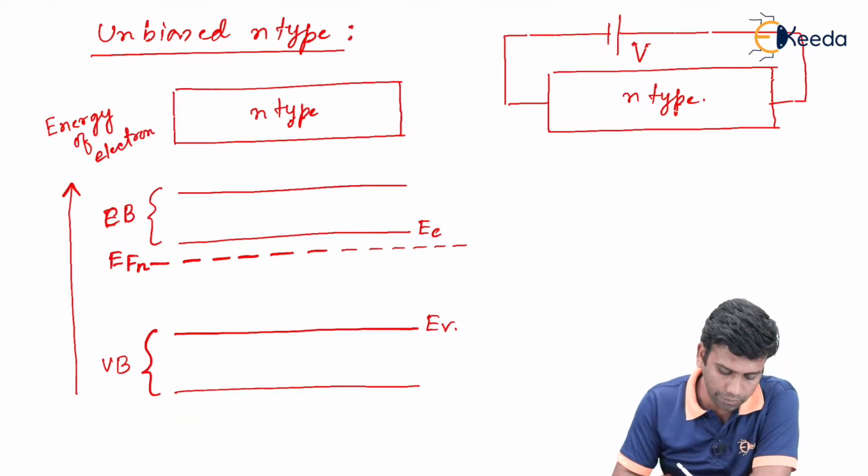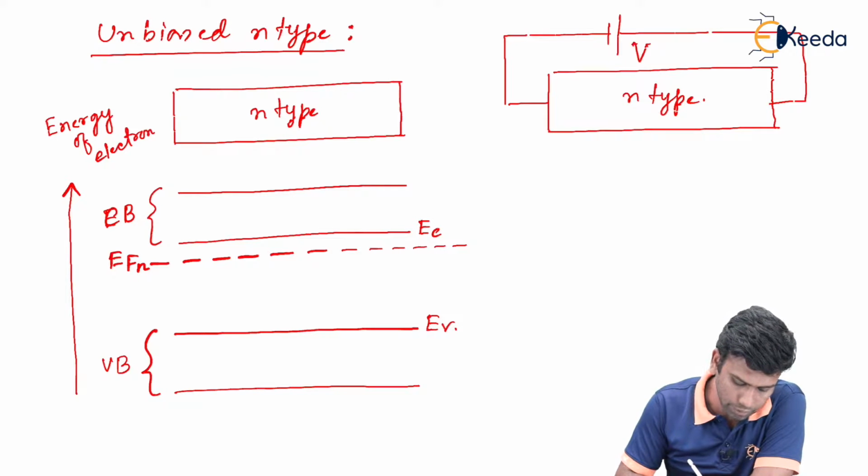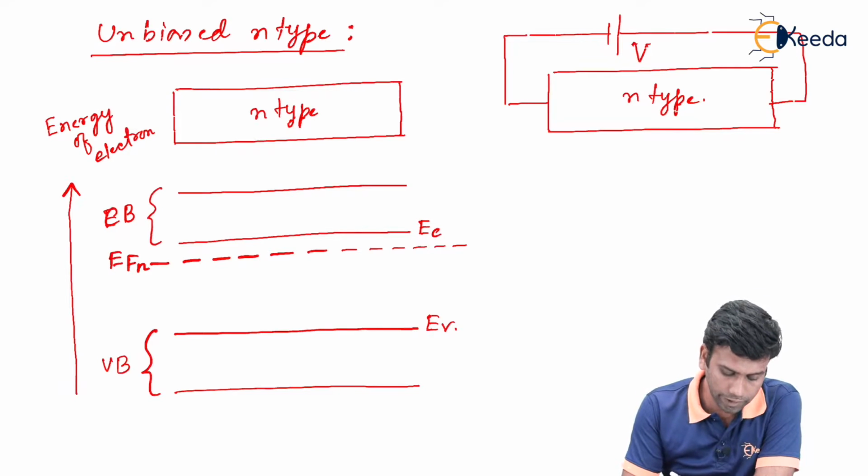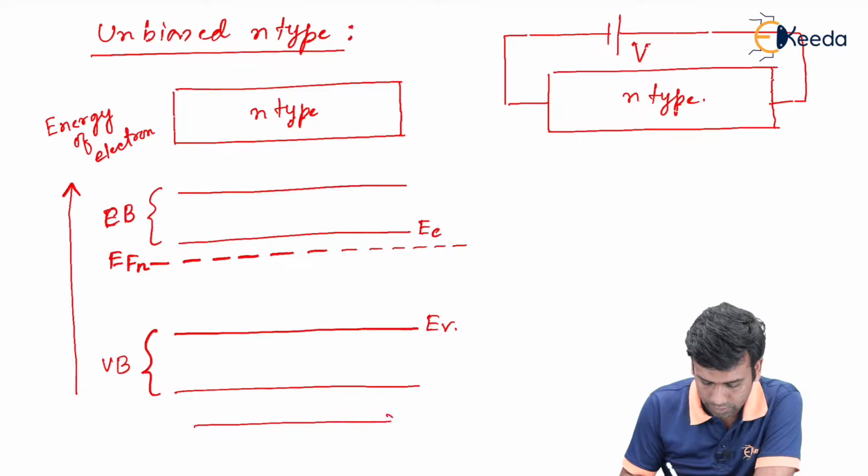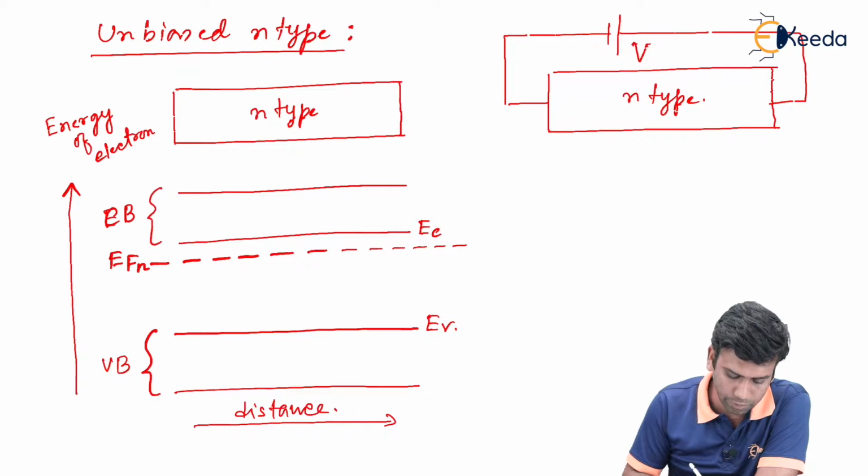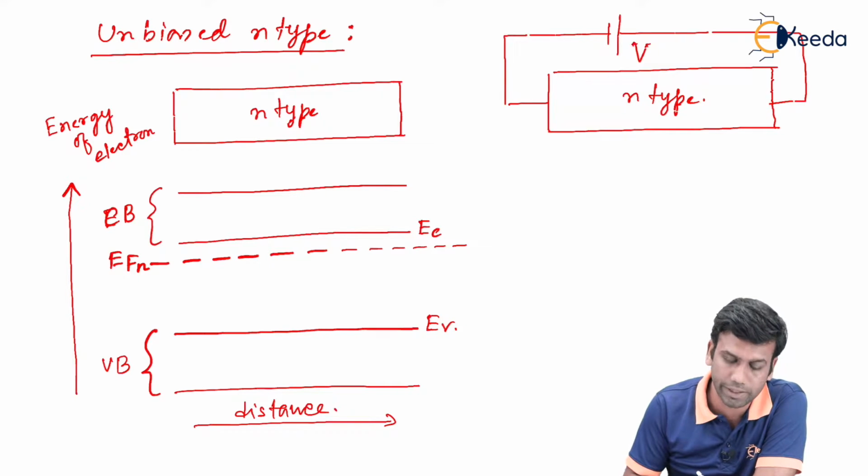That means if we move from down to upward direction, then the electron energy will increase. Similarly, if I go downwards from the up direction, then the electron energy will decrease.